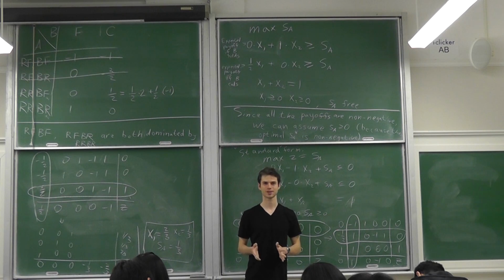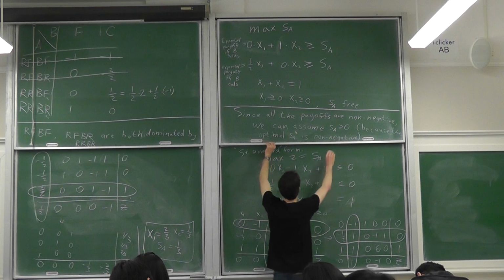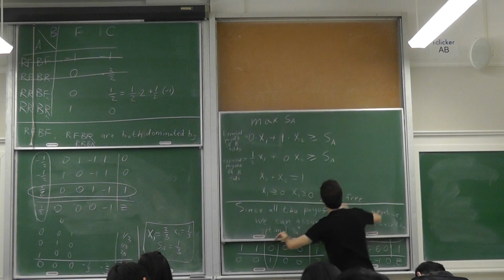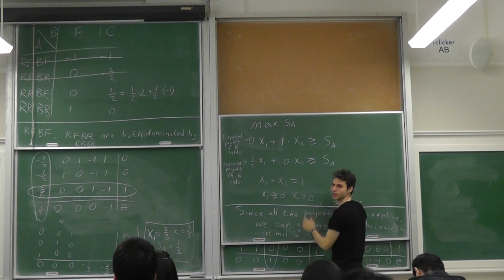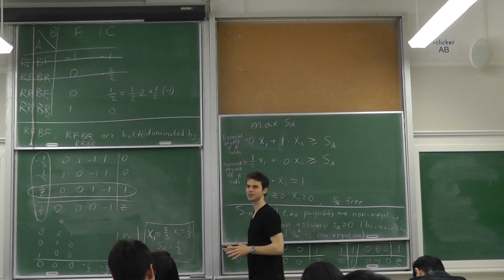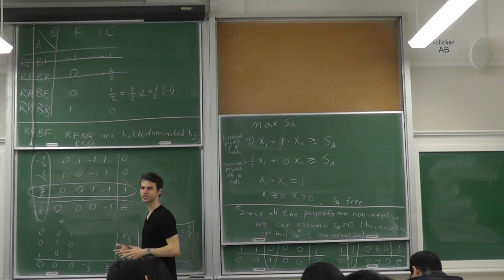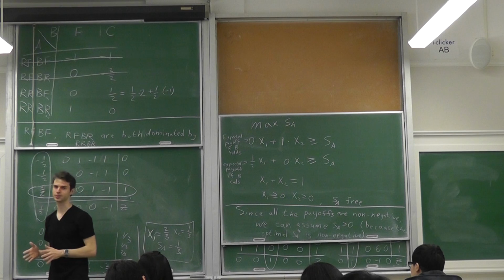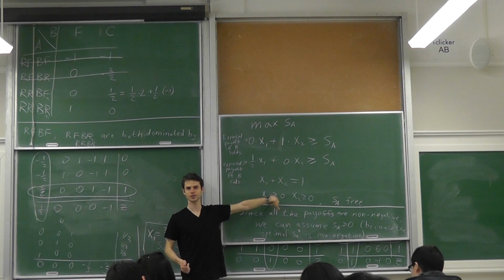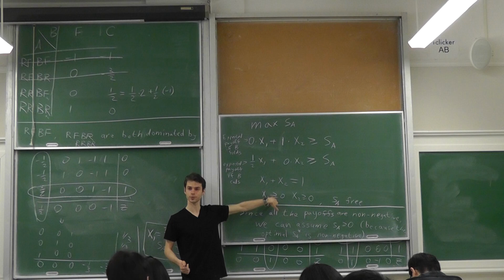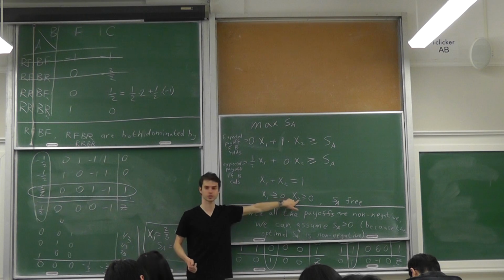This problem has a total of 4 inequalities. Each pair can be pushed to their limits, but we know which inequalities out of these 4 should not be pushed to their limits. Pushing this inequality to its limit would mean pursuing a pure strategy. X1 is 0, X2 is 1. So not a good idea.